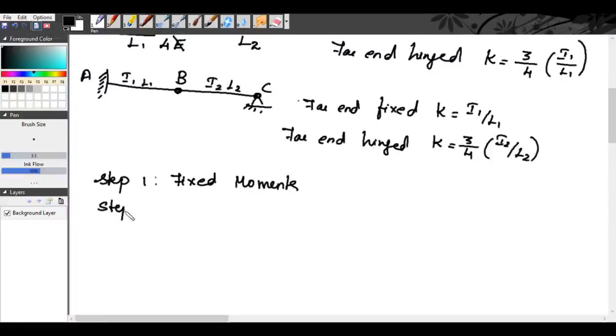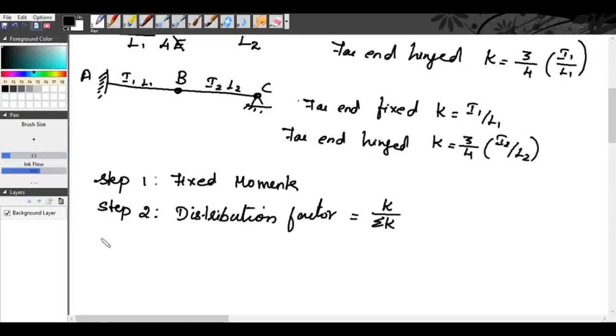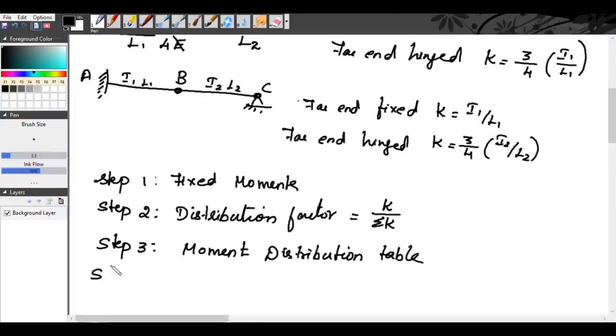Step 2, calculate the distribution factor, which is equal to K by sigma K. Step 3, find the moment distribution using the moment distribution table. Step 4, find the final end moments.